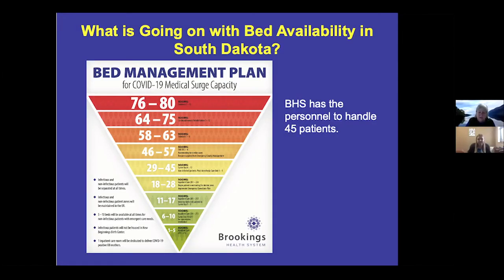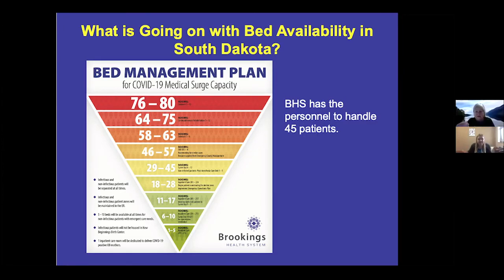Here's an example. This is the Brookings Health System surge capacity. It's their surge plan, so they have up to 80 beds, and they list here where those beds are. As I mentioned, they're licensed for 48, and they can handle 45 patients. So if they're asked, what is your surge capability today? Maybe they don't feel they can get the staff, so it would be lower than that 80.